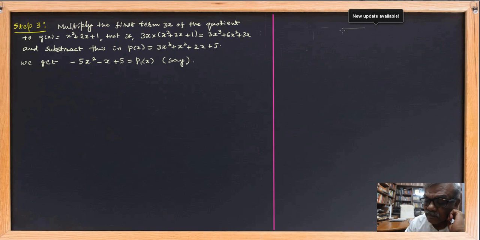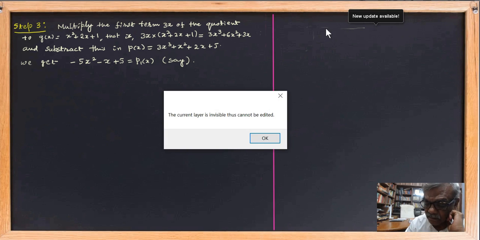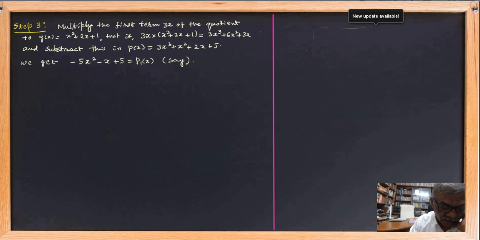We have 3x cube plus x square plus 2x plus 5, the first term of the quotient is 3x, and the divisor is x square plus 2x plus 1.